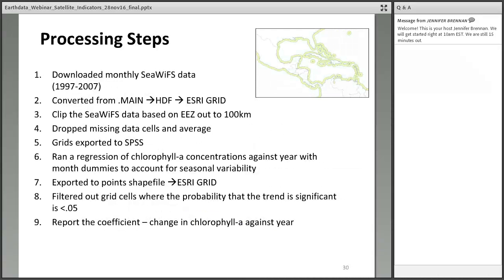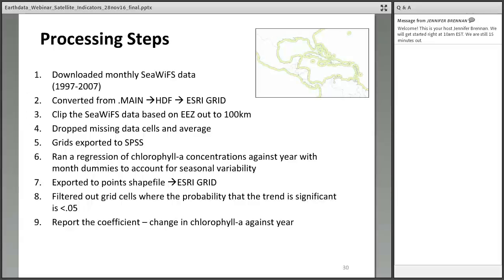In our improved version for this project, what we did is we downloaded the SeaWiFS data, we converted it to GIS formats, we clipped the data to the exclusive economic zones of each country because we want to identify the patterns by country, because, again, we're trying to tie this to country-level performance. We dropped missing data cells, especially where cloud cover and other issues would affect the availability of data for any given month.